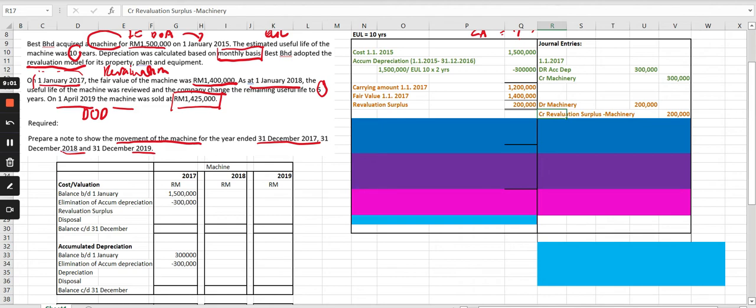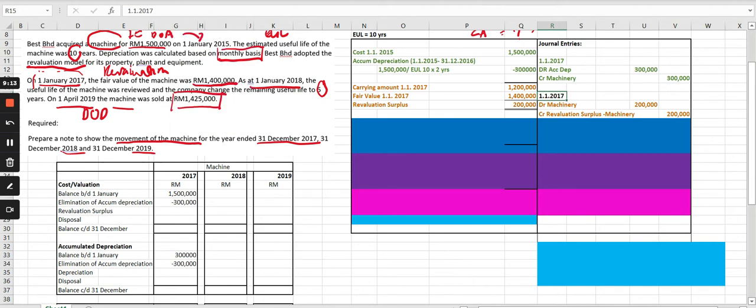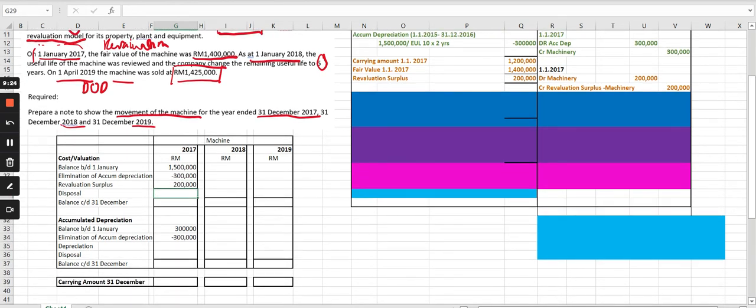Now you record the surplus also on 1st of January 2017. So the surplus is 200,000. It will not be shown here as the other effect of revaluation reserve, because that is equity. This one is just the movement of PPE, but the impact is here.